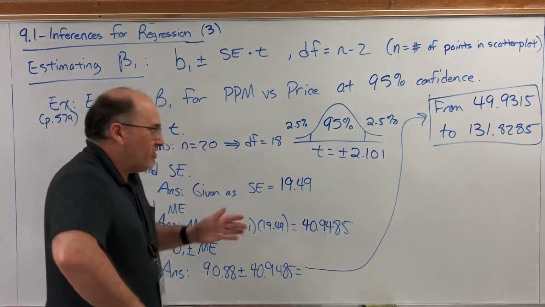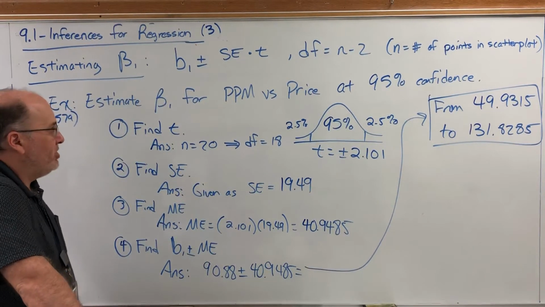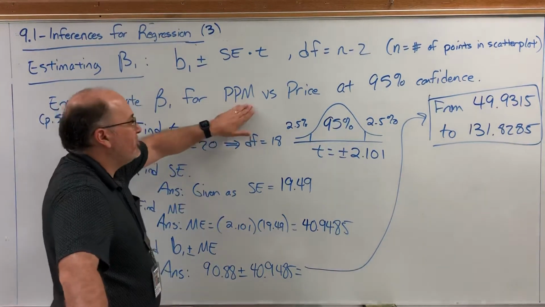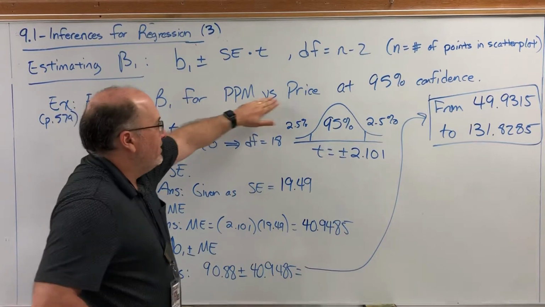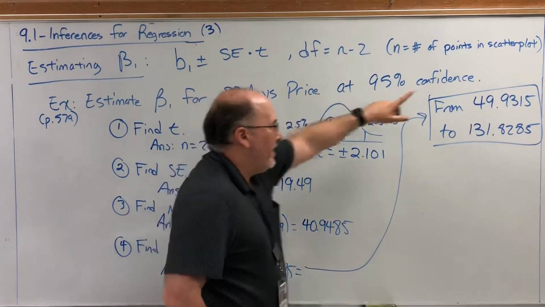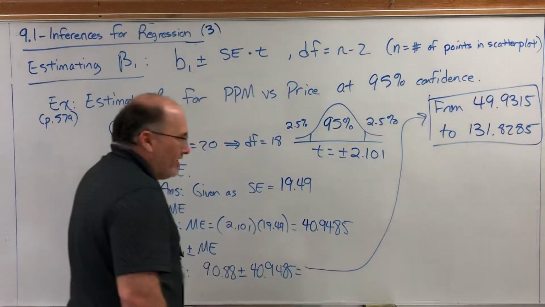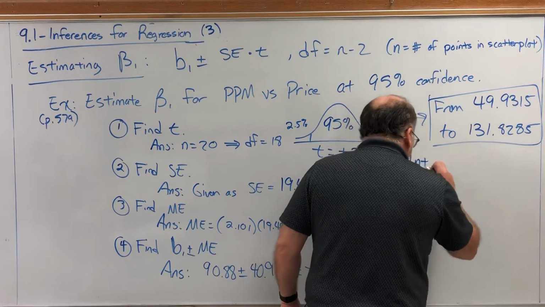But remember, we're estimating a slope and we can interpret a slope. Remember, the interpretation of the slope is for every increase in 1 in the explanatory value, we predict the response variable to increase or decrease by this amount. So how can I interpret this slope? So we'll interpret this.